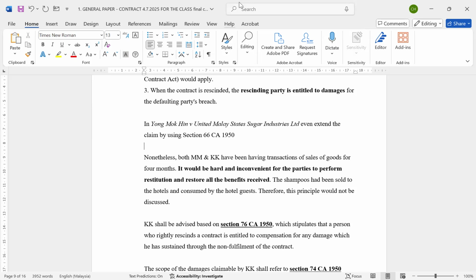This is a bit like the example that I showed to you, KK, MM, because there's a continuous deal. For example, this month, April, he already paid, so he can use Section 66 to restore his bad position. Okay, faham? When you look at this Contract Act in a thorough manner, you'll sense something different.